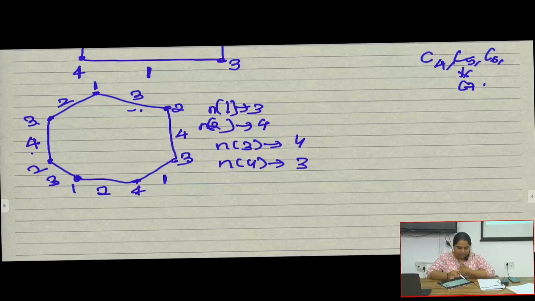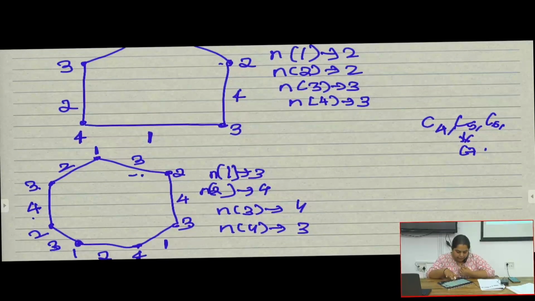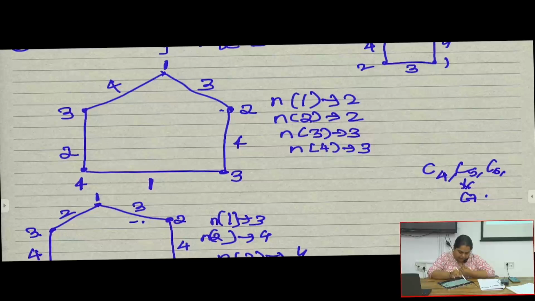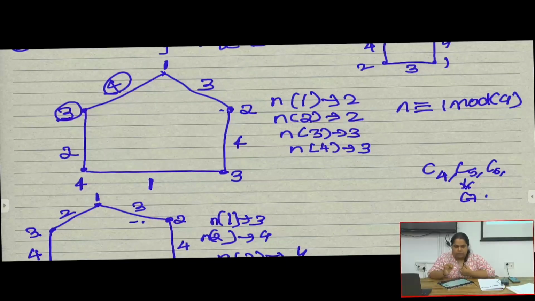So cyclically I'm giving vertices 1, 2, 3, 4, again 1, 2, 3, 4, and so on. If it is 5, a little manipulation I have to do on the 5th vertex after I finish 4. That last vertex I will color like 3, and 4 at the next 3 and 4. This is the only variation when n is congruent to 1 mod 4. Otherwise you can repeat almost the same pattern.